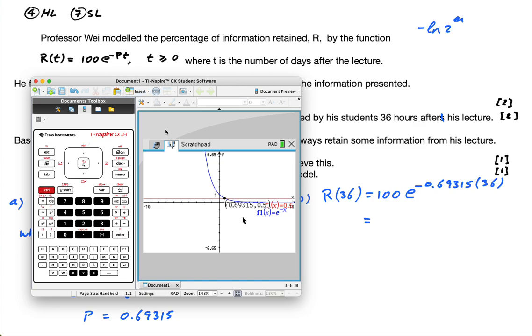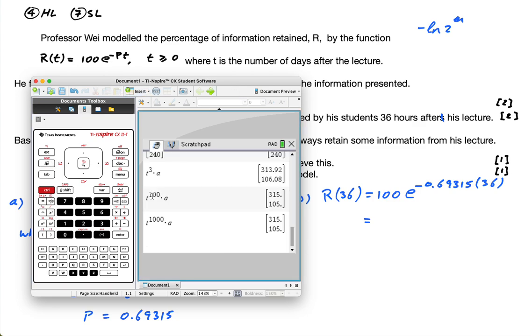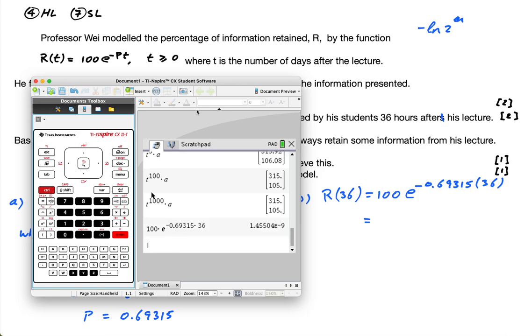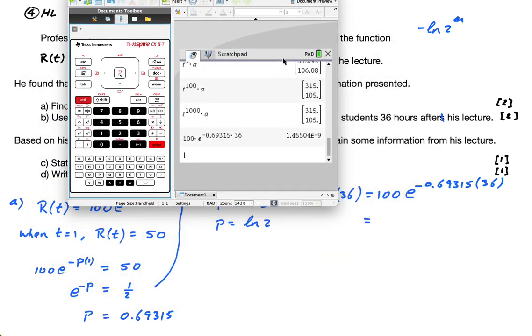I'll do 100 times e to the power of minus 0.69315 times 36. Just make sure you type it in all correctly. And I get 1.4. Have I done something wrong here, guys? This seems strange.